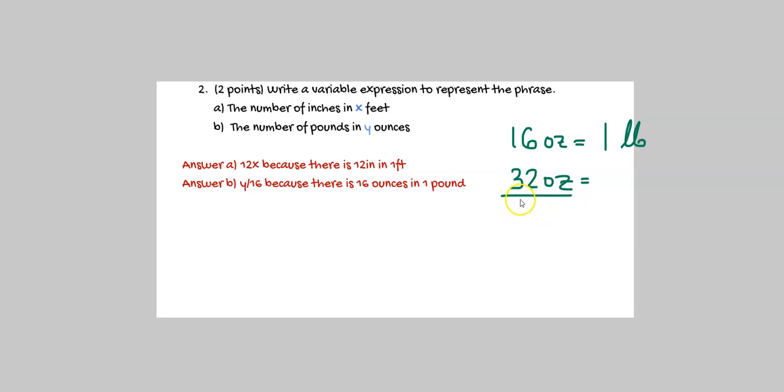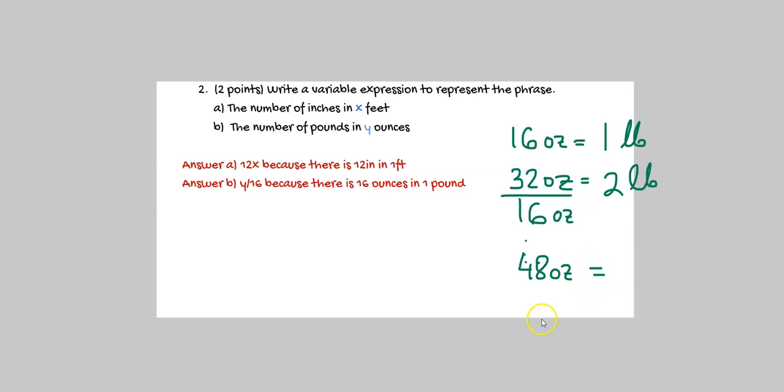Well, we can divide by 16 and we will have 2 pounds. We have 2 groups of 16 ounces in 32 ounces. So if we continue this pattern, what if we have 48 ounces?